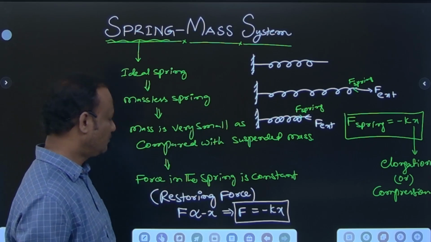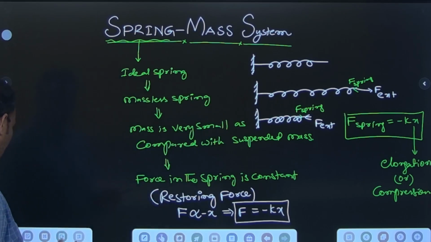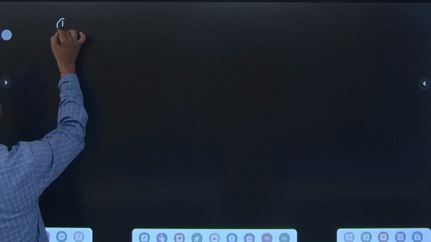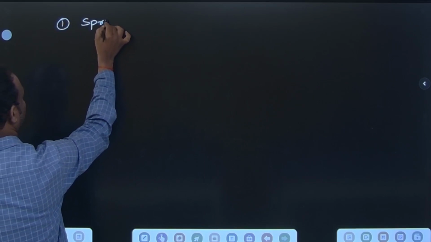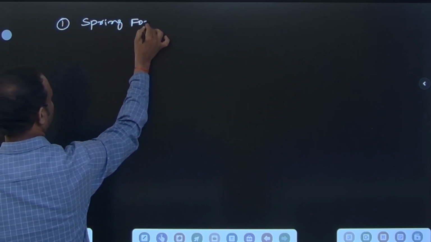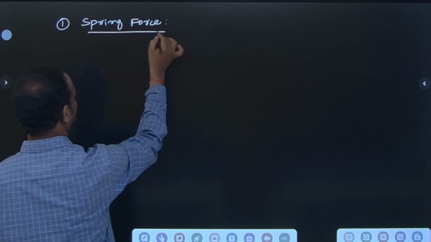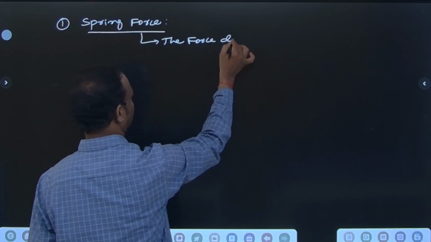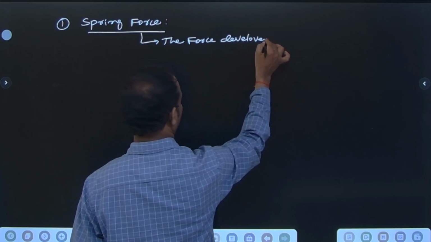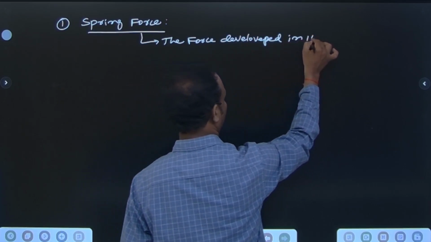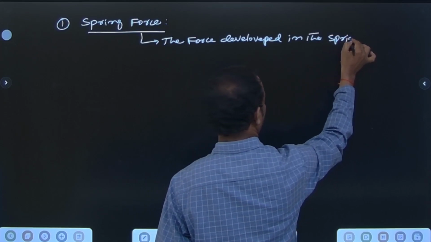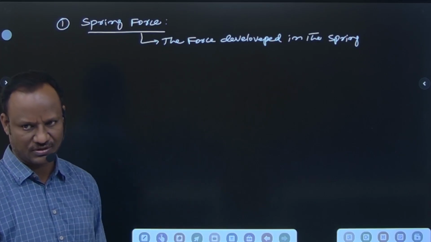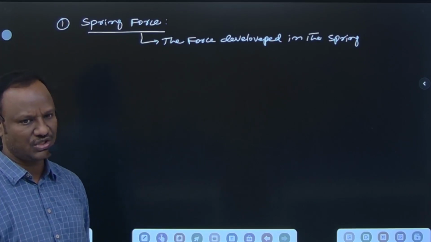Next, the spring force. The spring force is the force developed in the spring, in the opposite direction to the external force, or opposite to its elongation or compression.